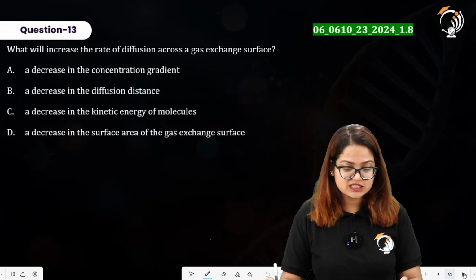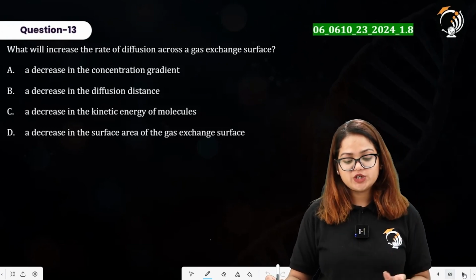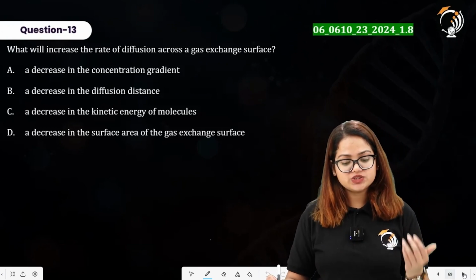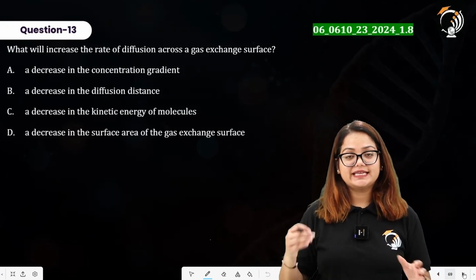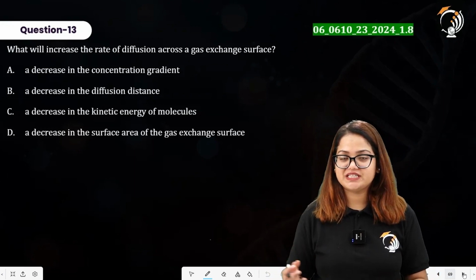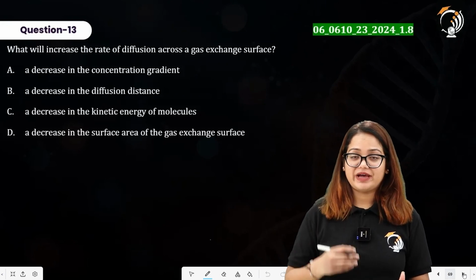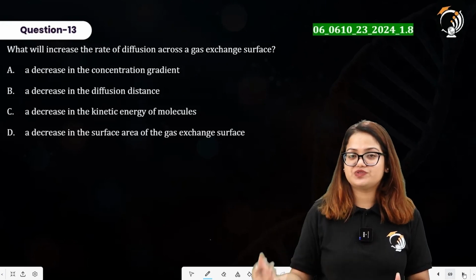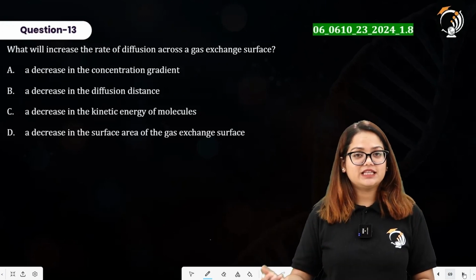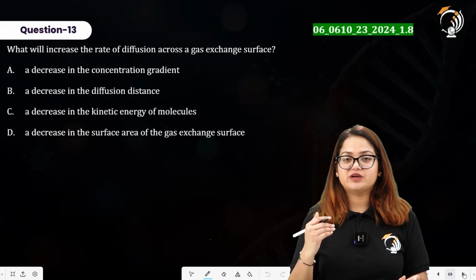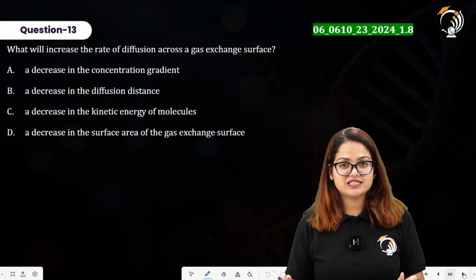Question number 13 says, what will increase the rate of diffusion across a gas exchange surface? We have temperature. By increasing temperature, the diffusion rate increases. We have surface area. By increasing the surface area, the diffusion rate increases. We have concentration gradient. By increasing the concentration gradient, the diffusion process increases.